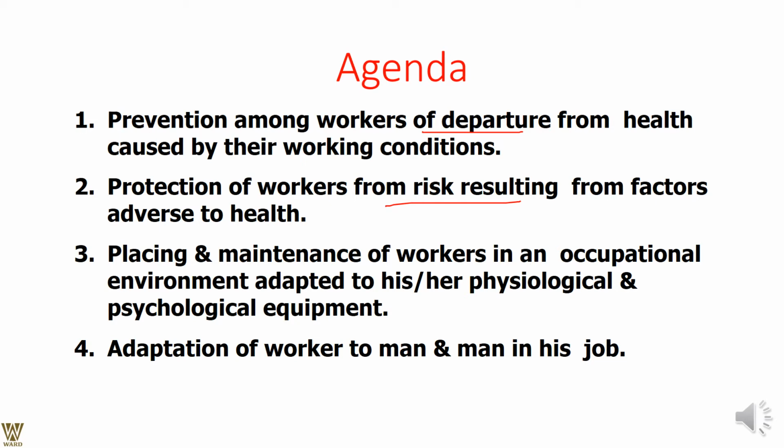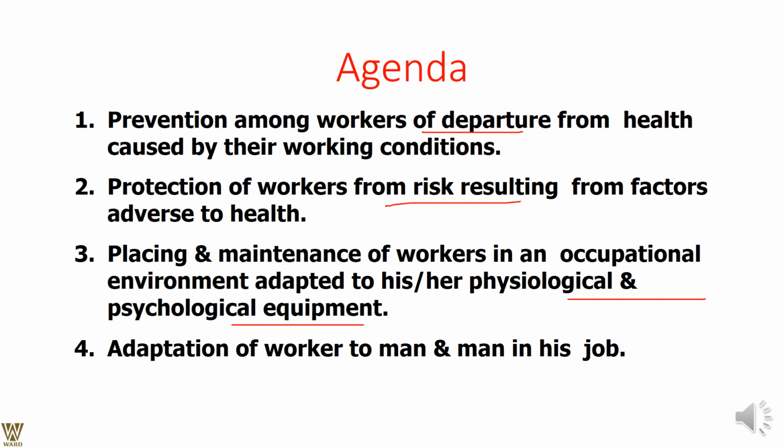Placing and maintaining workers in an occupational environment, adapting to his psychological and physiological equipment, is what we are looking into. Both the physical and the cognitive ability should be working optimally so that this will result in many fundamental things, betterment and productivity of the organization, adaptation of work to man and man to his job.